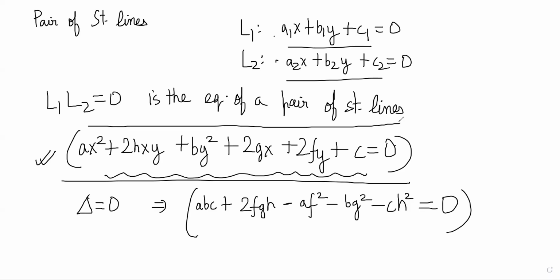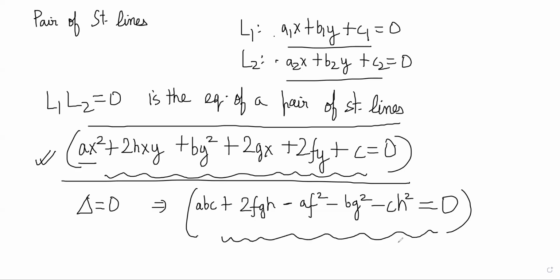The proof for this is straightforward but slightly long. It is there in SL. The idea is express this equation as a quadratic in just x or just y. And once you are able to express this equation as a quadratic, you have to analyze the discriminant of that quadratic. In order for it to be factorizing properly, the discriminant should be a perfect square. And if you write the condition that the discriminant of the quadratic in x is a perfect square, you will end up with this condition.